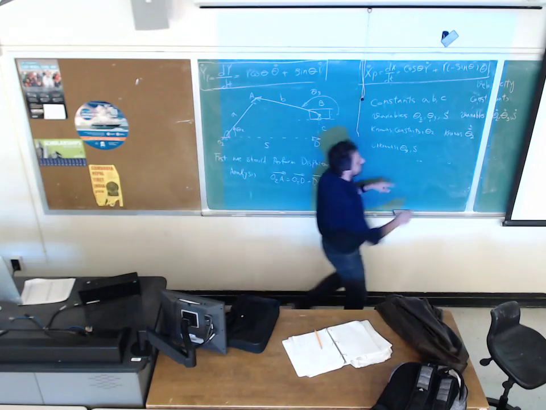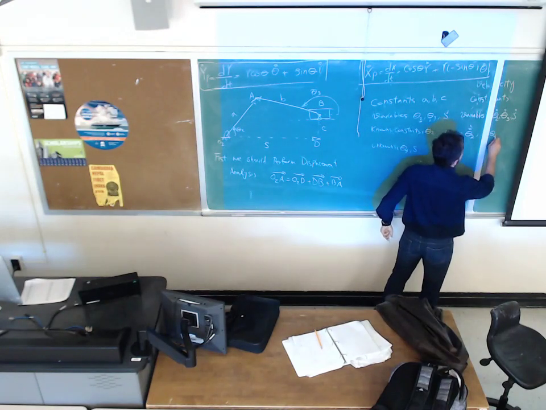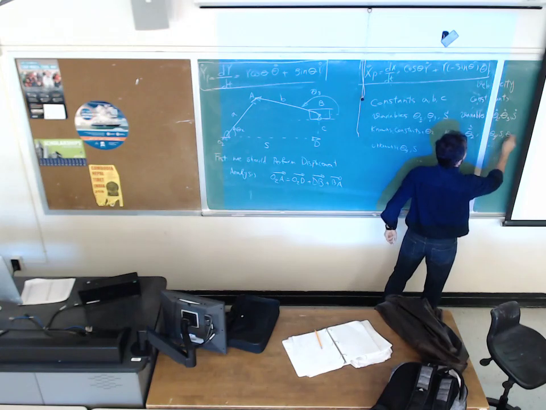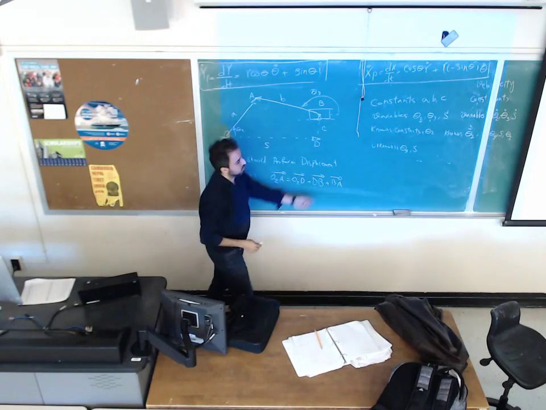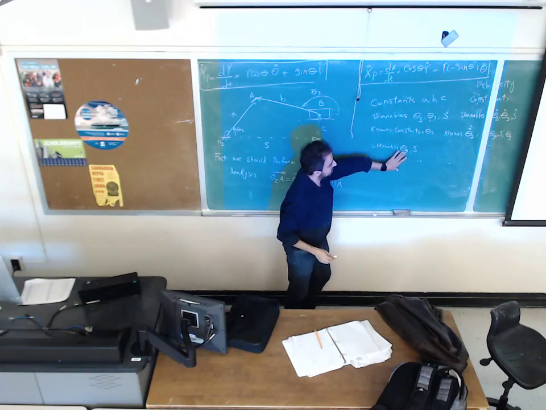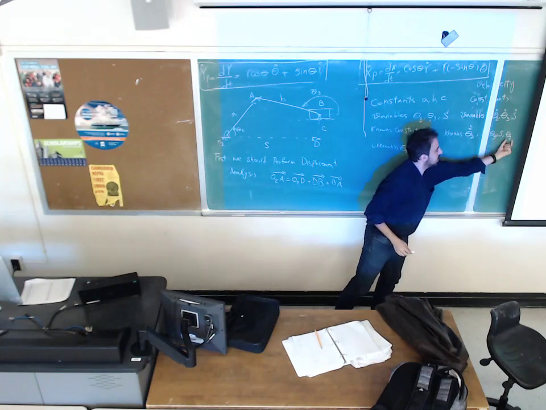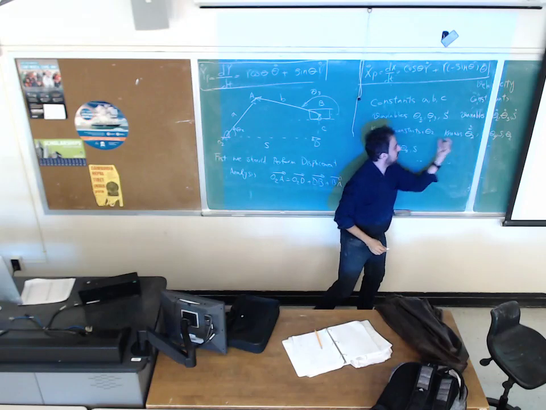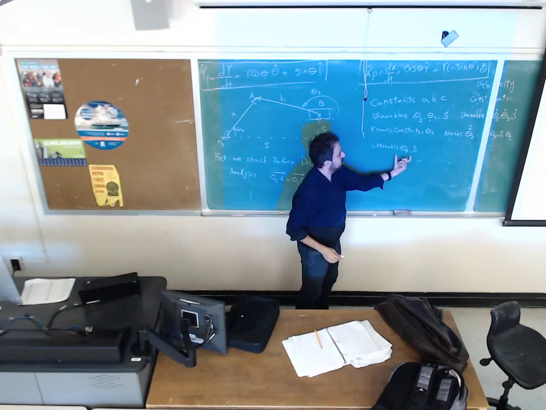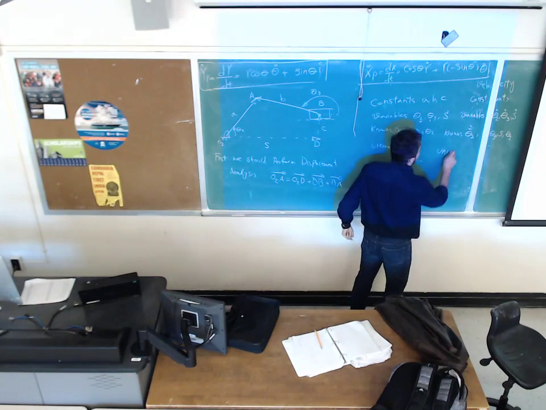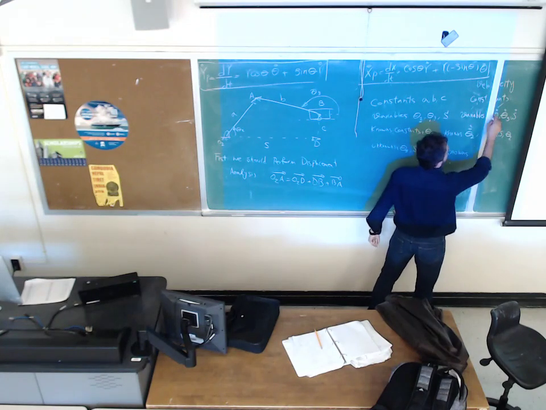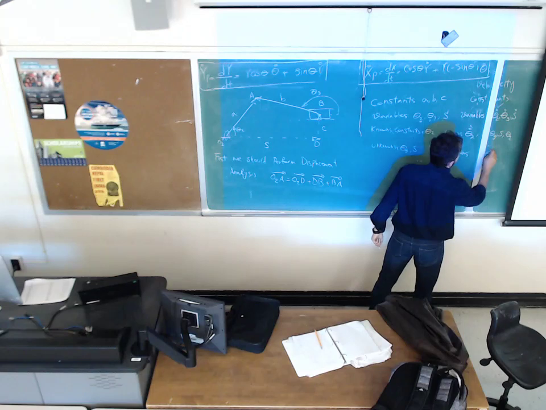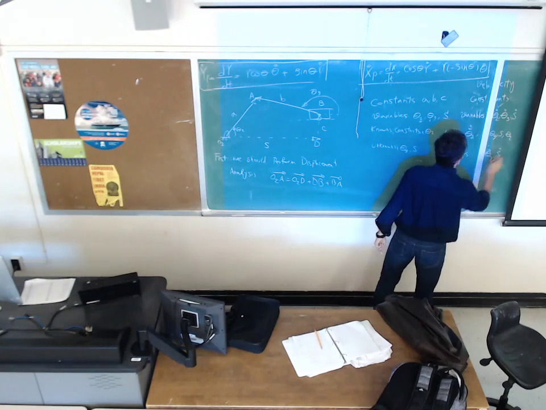Also, we know theta 3 and s from displacement analysis. Theta 2 was given, and theta dot 2 should be given. So we are solving for theta dot 3 and s dot.